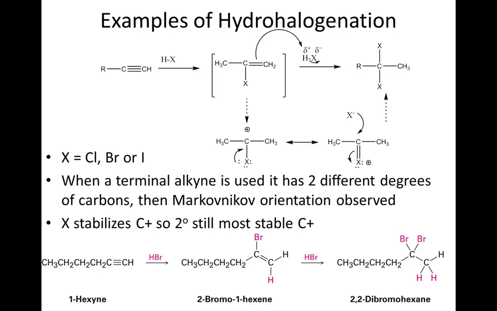So here's an example. And one question you might ask is, how hard is it to stop at the vinyl halide? In other words, if we put in a 1-to-1 ratio here, can we stop here, or do we just keep going?